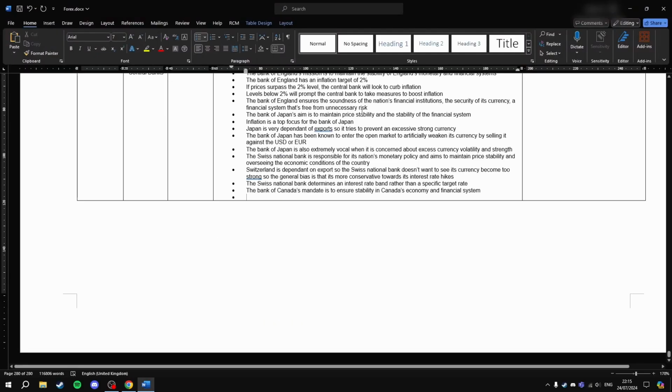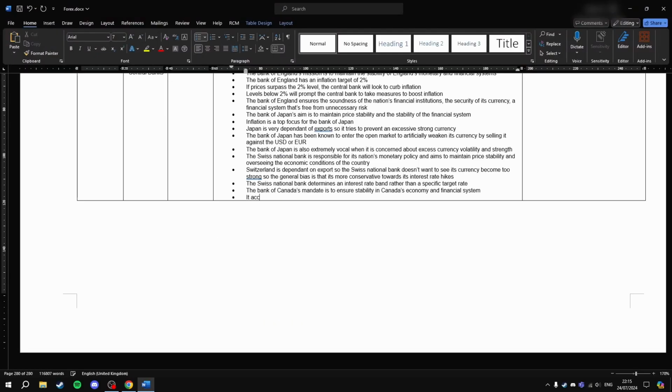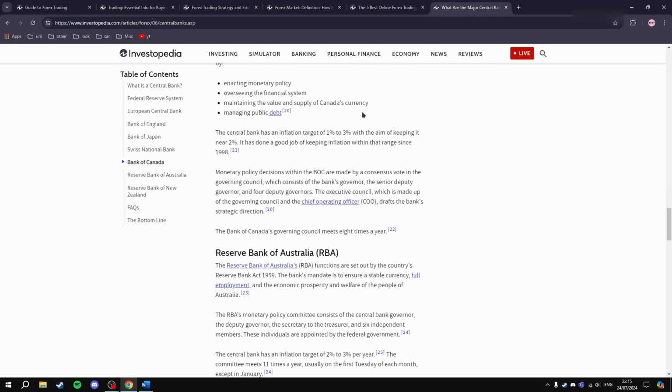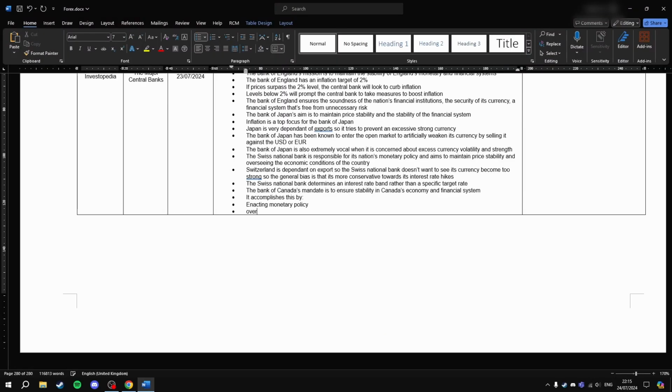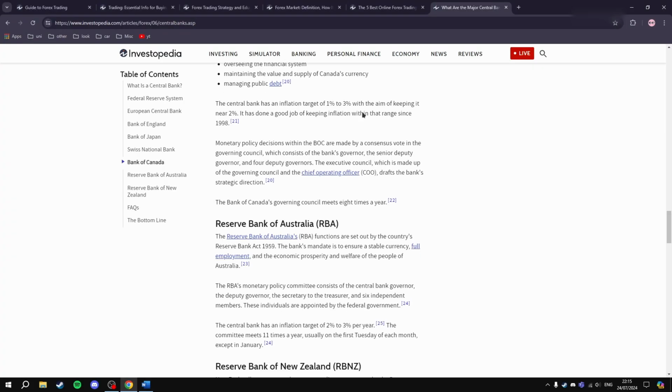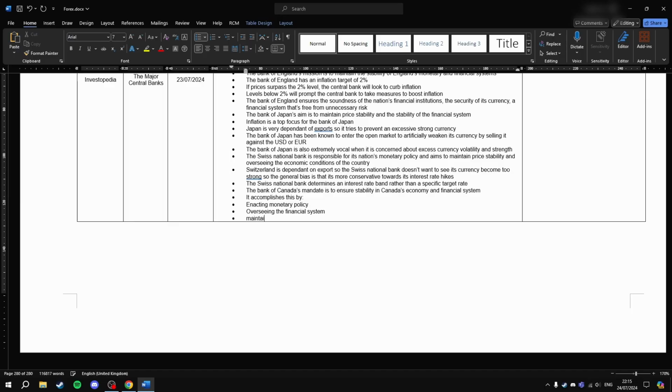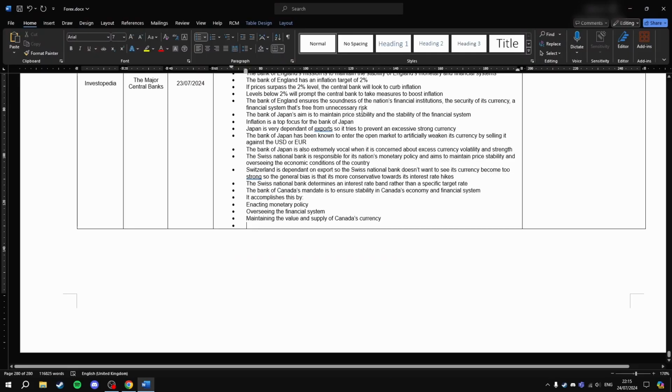It accomplishes this by enacting monetary policy, overseeing the financial system, maintaining the value and supply of Canada's currency, and managing public debt.